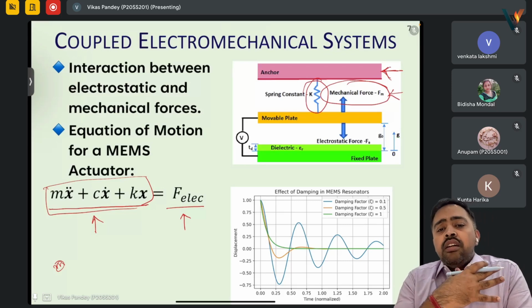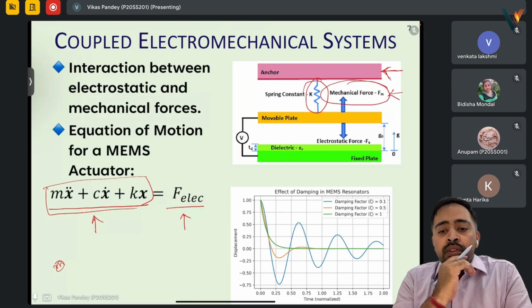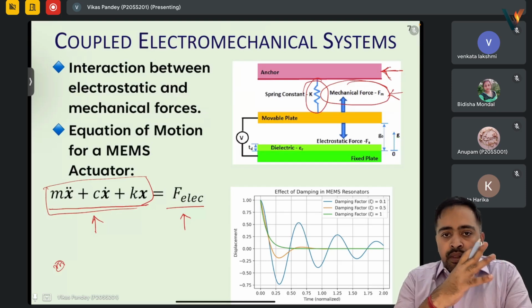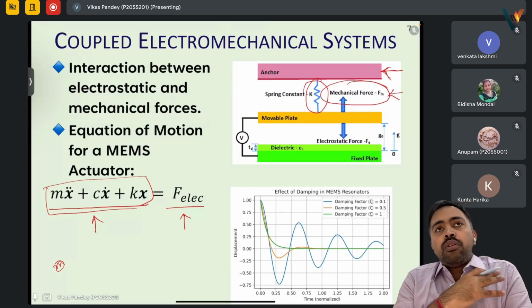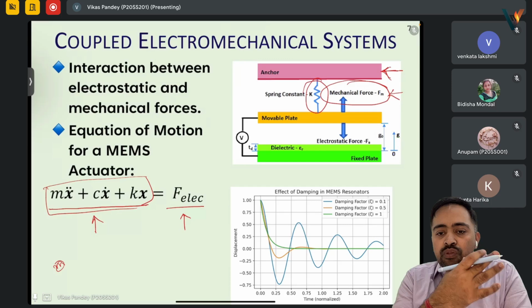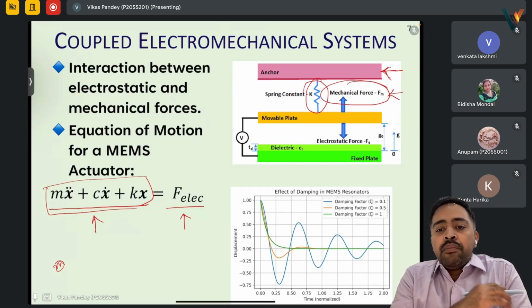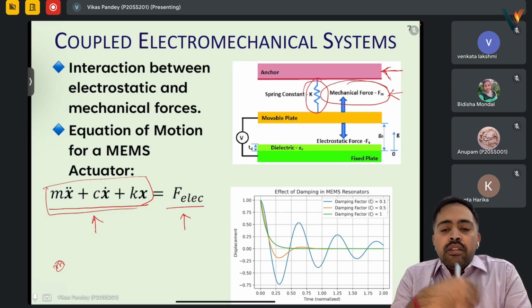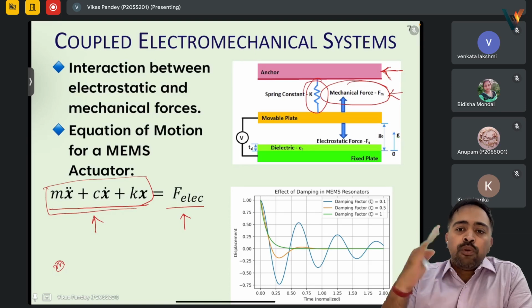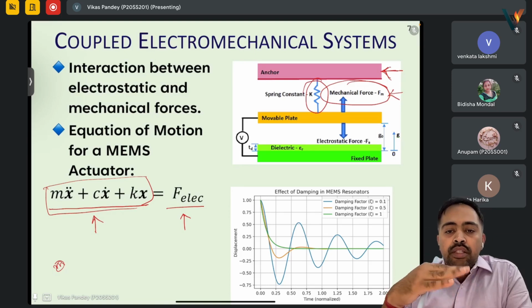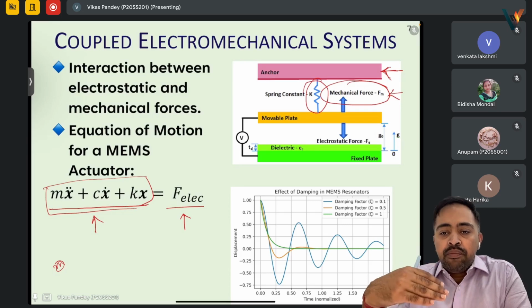Then again there are some other factors. Due to the mechanical force not being uniform, it will change over time, so there will be damping. Due to this damping, these resonators or actuators will suffer some loss over time. Over a period of time, this movement will get disturbed. It will not remain the same.